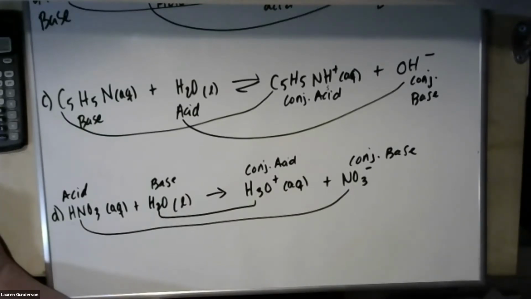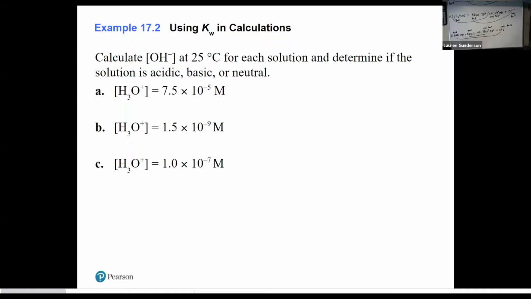So now we're going to look at some calculations involving KW. Erase this board. We're going to calculate the hydroxide ion concentration for everything listed here at 25 degrees Celsius for each solution, and then determine if the solution is acidic, basic, or neutral based on those concentrations.